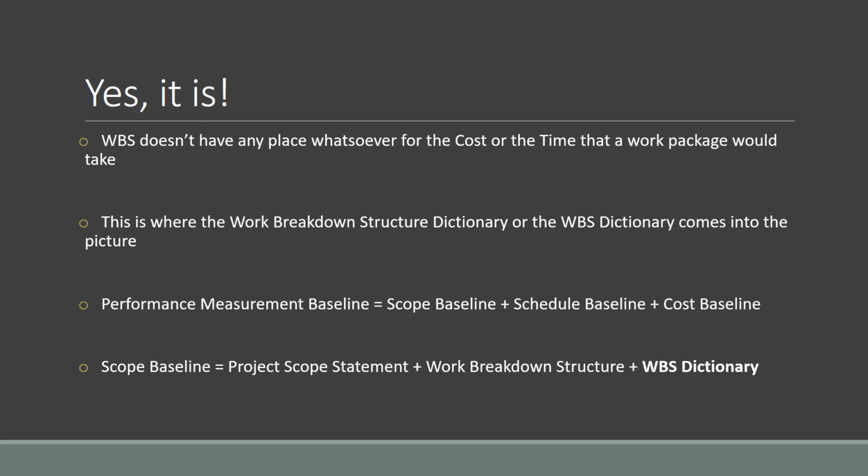So this is where you can understand how important a WBS dictionary is, right? For scope baseline, you cannot have a baseline scope unless you have your WBS as well as the WBS dictionary, because the WBS dictionary will contain details of all the work packages, how much cost and how much time it is going to take for you to accomplish them.